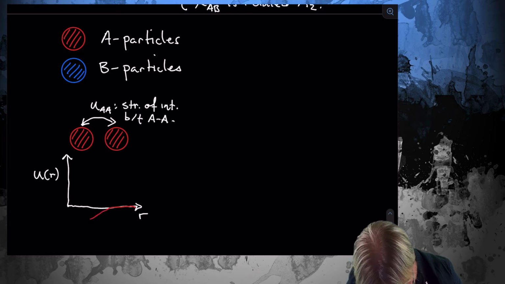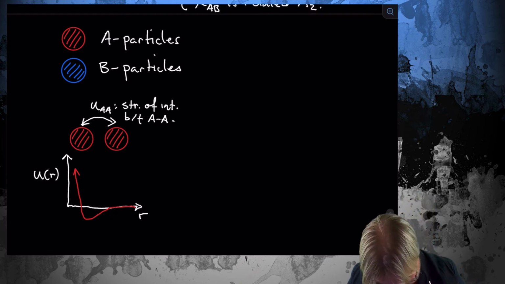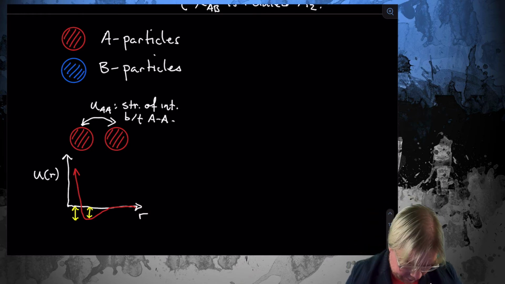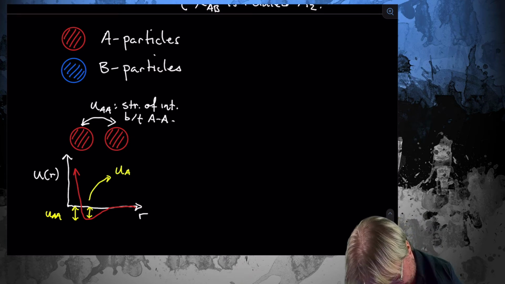You'll have an attraction and then repulsion as distances get very short due to overlap of the electron clouds. So this distance then, in other words, the depth of this well in the potential, is what UAA is. And you can also see from this that UAA is going to be less than 0.